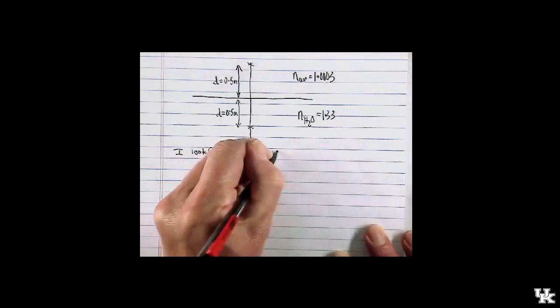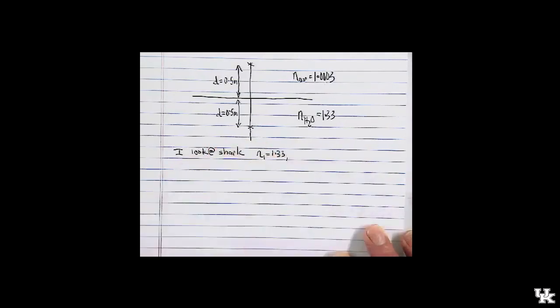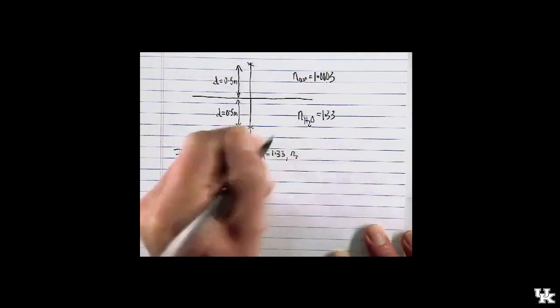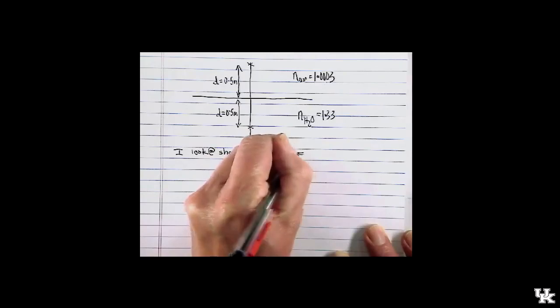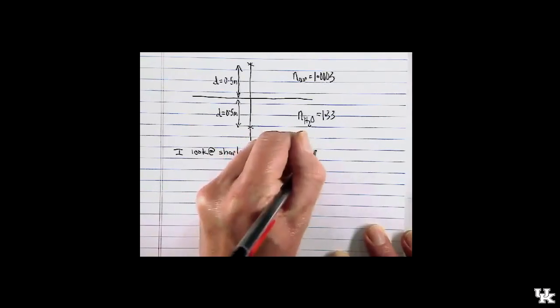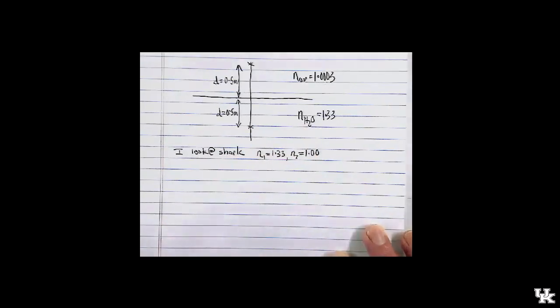That medium is water, so it has a refractive index of 1.33. The medium where the light is going to, that's the air. That's what we call N2, and it's 1.0003. I'll just write it as 1.00. It's close to 1.